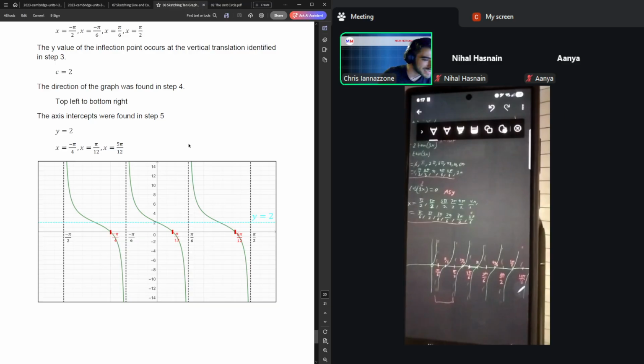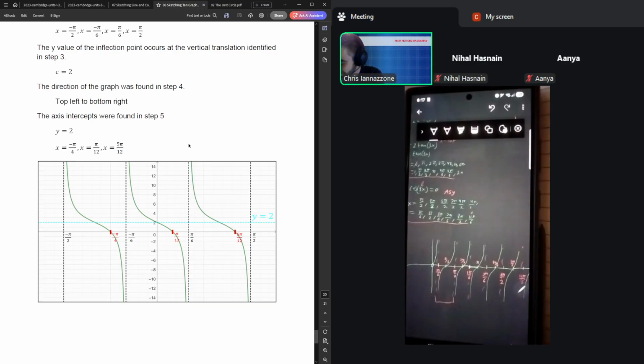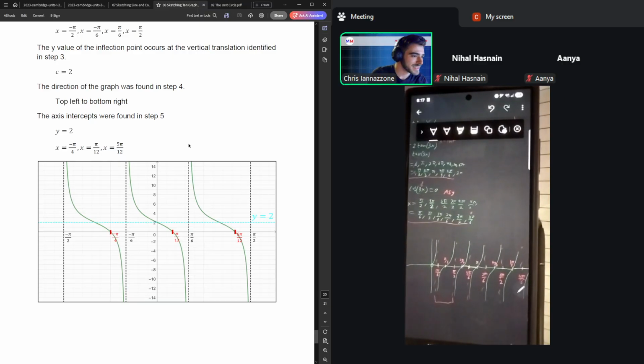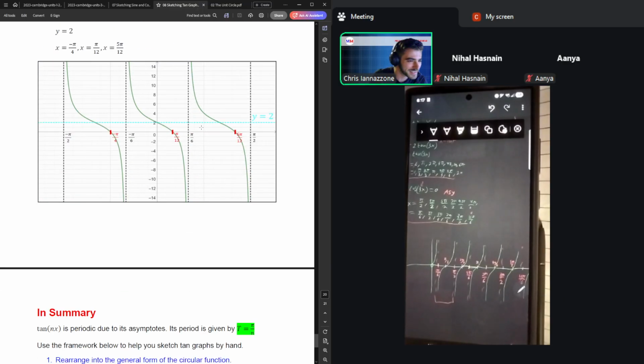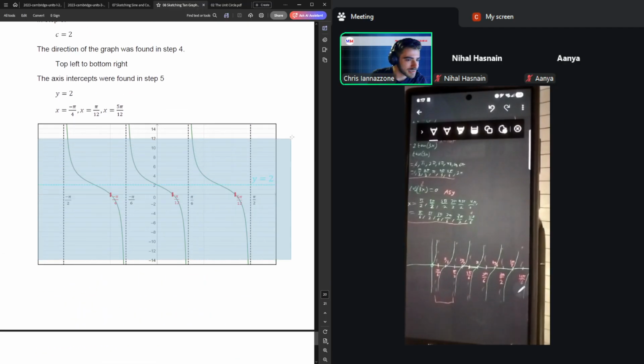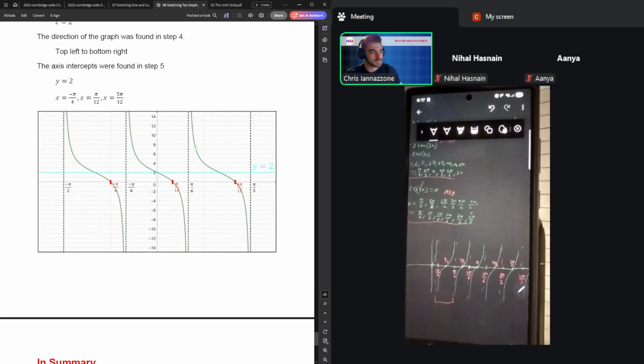But that's a super minor nitpick for neatness' sake, because unless you have steady hands, you may or may not miss your mark, but I'm sure that'll be fine. Yeah, that's as complicated as tan graphs are going to get. So if you're happy enough with how that one works, then you'll be happy enough with how all of them work. Granted, of course, it's probably going to take a few practices to get there.